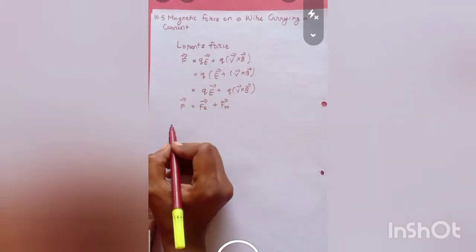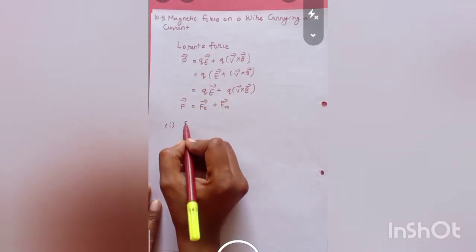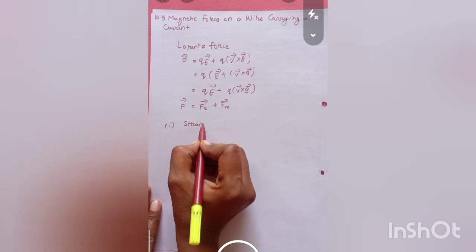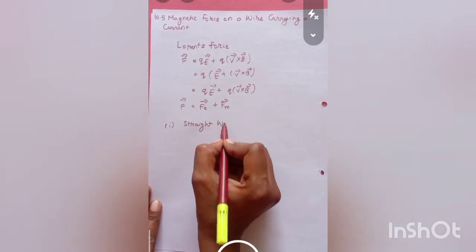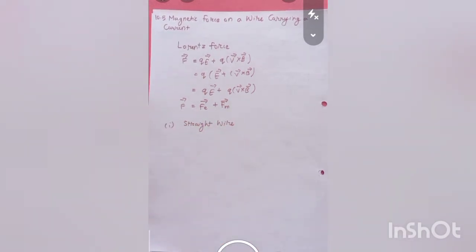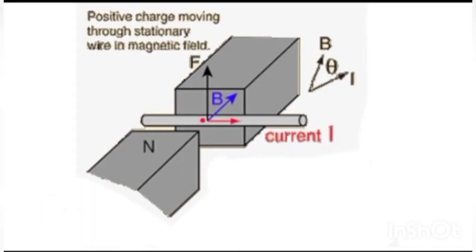Suppose we first consider a straight wire. Here we have to consider a wire of length L, and an external magnetic field that can be obtained by using a magnet with N pole, and here you will find the S pole.